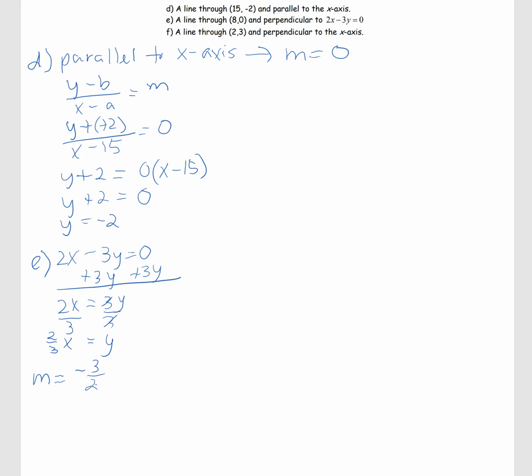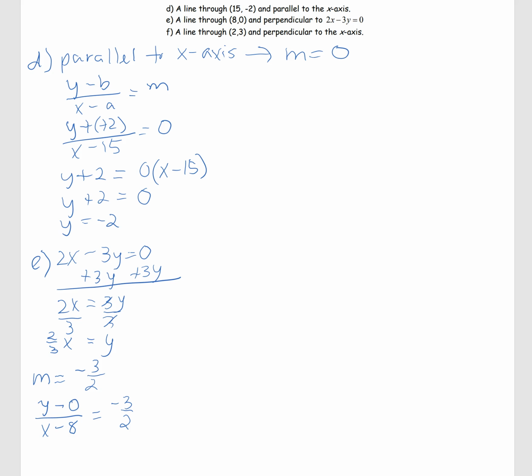Okay, and now we can plug in our points for the point slope equation, and this gives us y minus 0 over x minus 8 equals our slope m, which is -3/2.